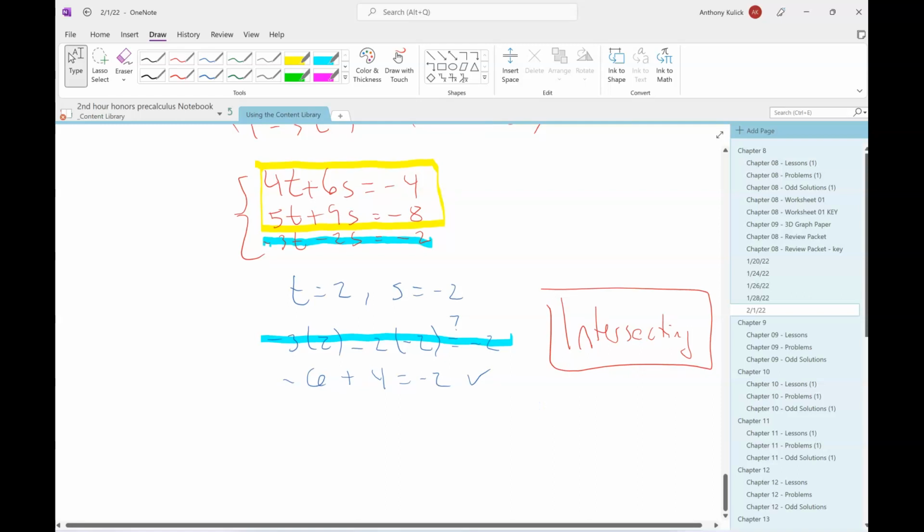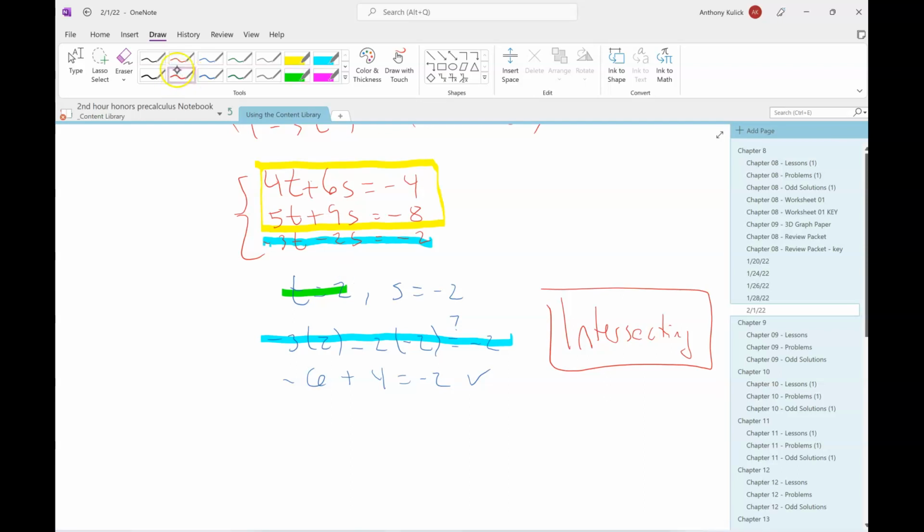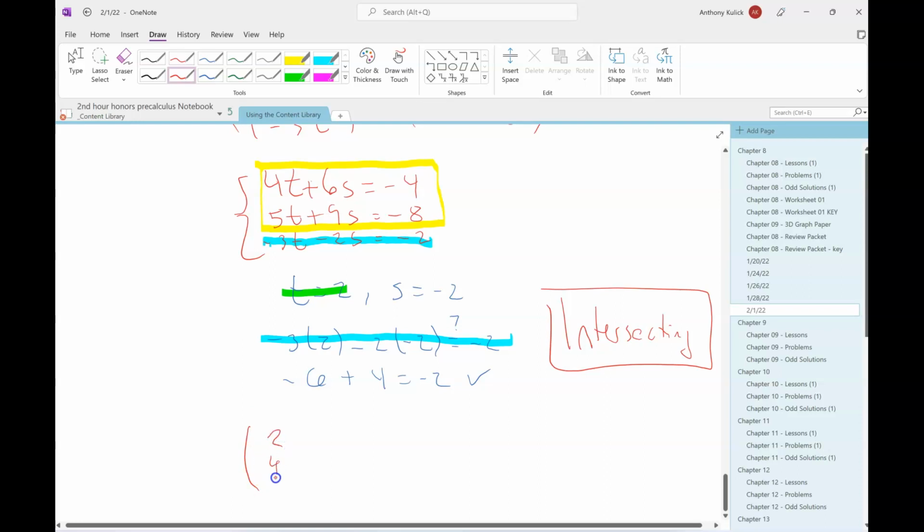So to do that, I'm going to pick one of the s or the t, it doesn't matter. I'm going to choose the t, and I'm going to plug that back into my equation. Was it R1 or R2? I forget now. It's R1.